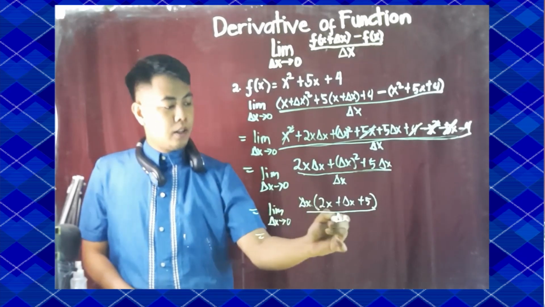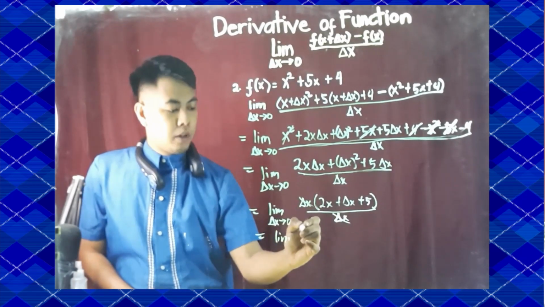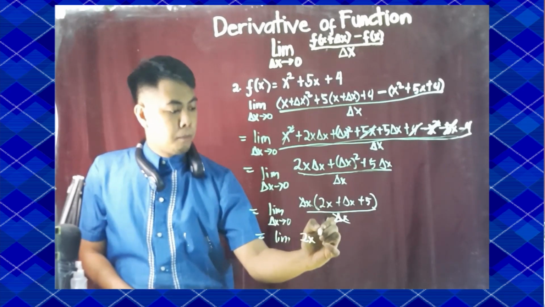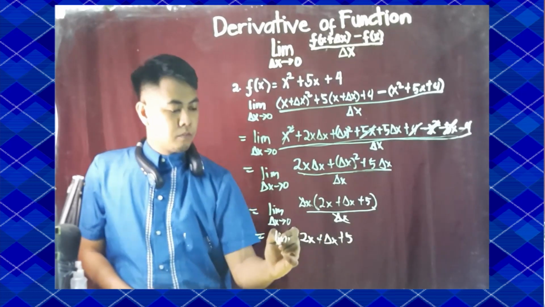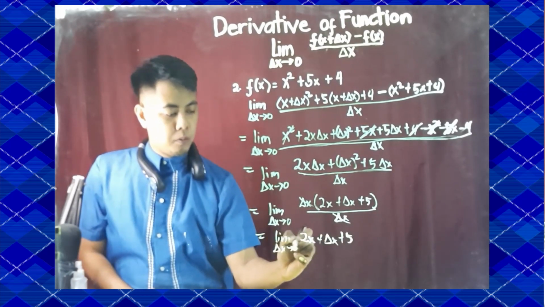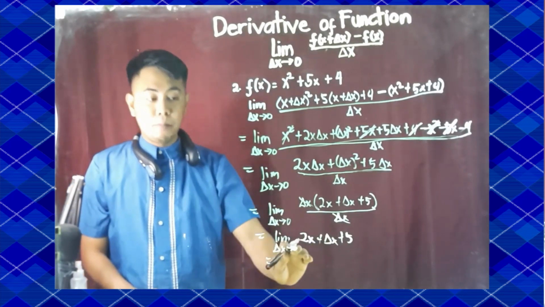Next, cancel delta x. So the limit now will become 2x plus delta x plus 5, where delta x approaches 0. And then evaluate now where delta x approaches 0.